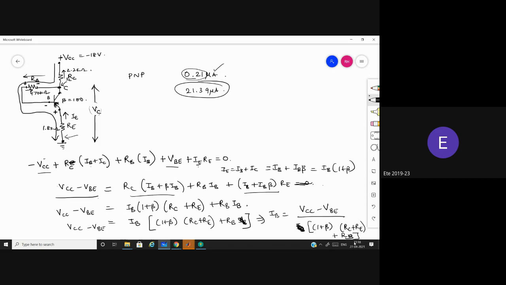So what about the collector current now? Beta times IB. Just multiply it.